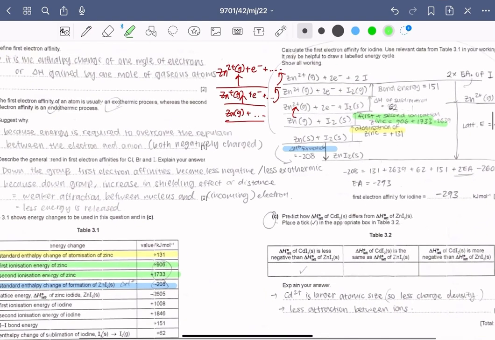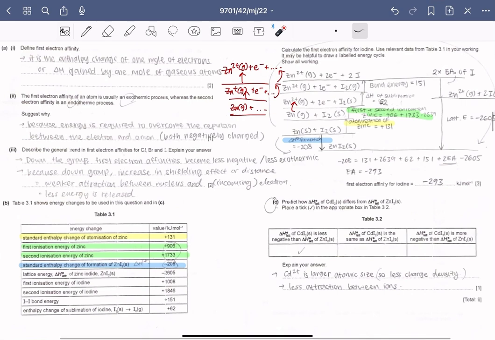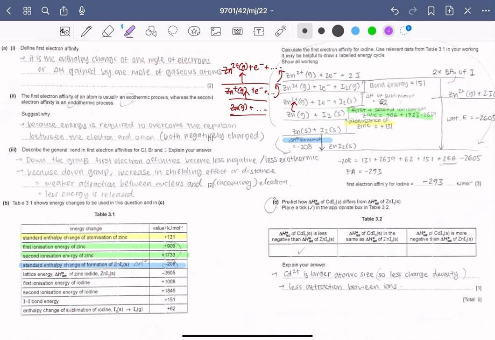Next is the enthalpy change of iodine from solid to gas. So enthalpy change of sublimation of iodine is 62.